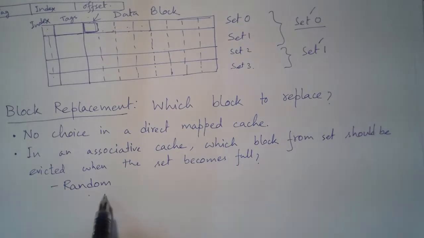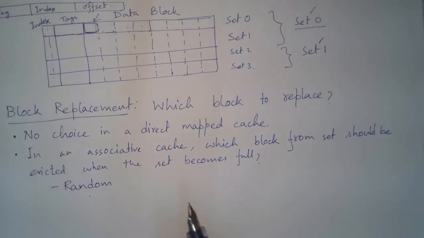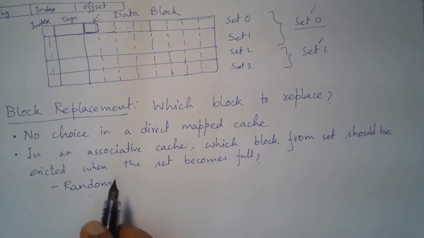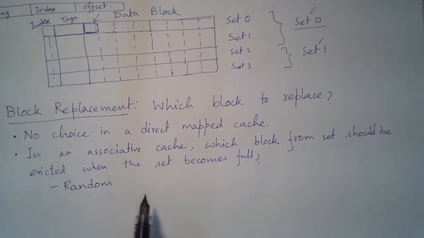The advantage is that the replacement policy becomes very simple, because you just do some random event, and based on the outcome of that event you decide which block to be replaced. So this can be one strategy.